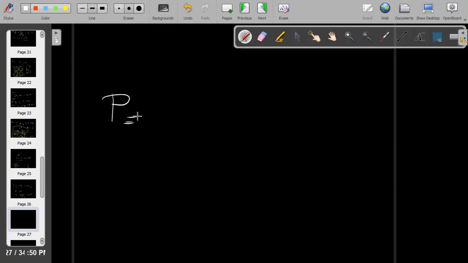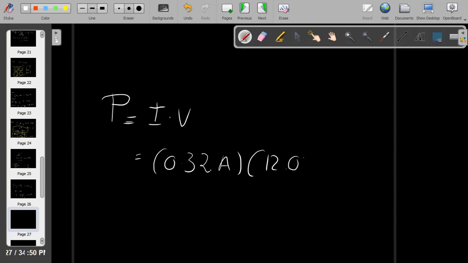So power equals current times our voltage. The current is 0.32 amps multiplying the 12.0 volts. And if you put all in your calculator, you find that that circuit has an electrical power of 3.8 watts. And now we're done.